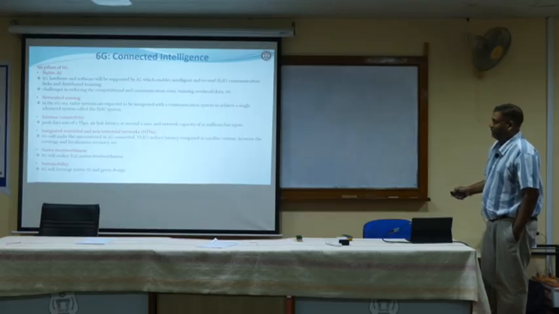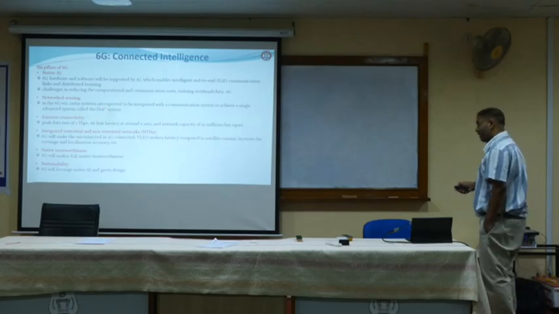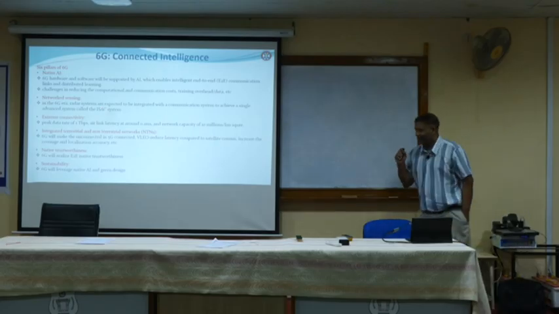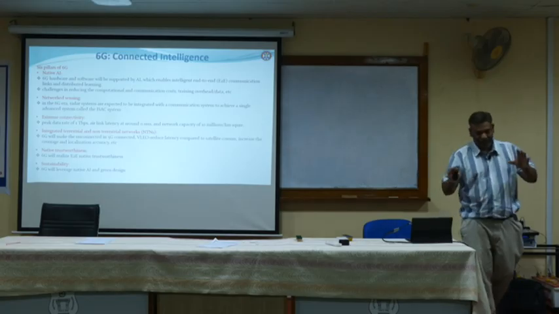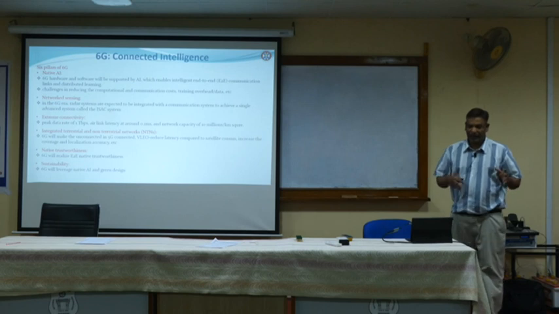Network sensing: as I said, in the 6G era, radar systems are expected to be integrated with the communication system to achieve a single advanced system called integrated sensing and communication. The radar system needs a spectrum, and our communication system also needs a spectrum.